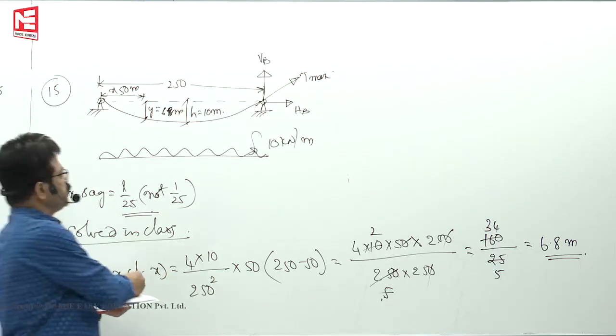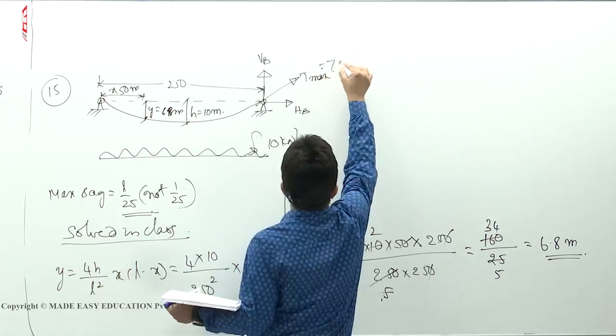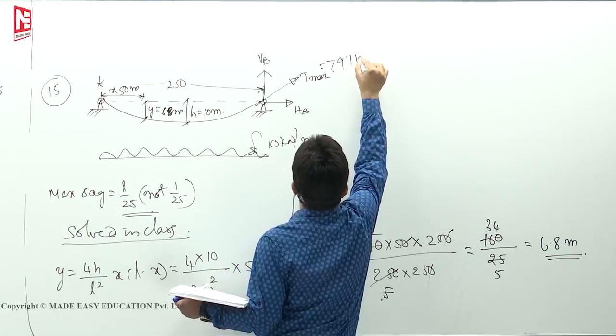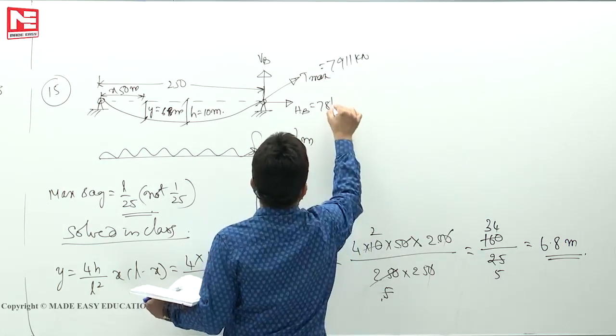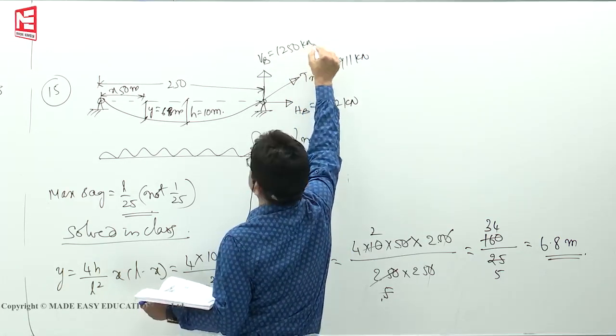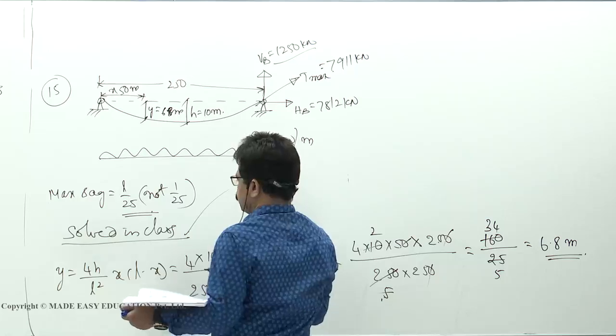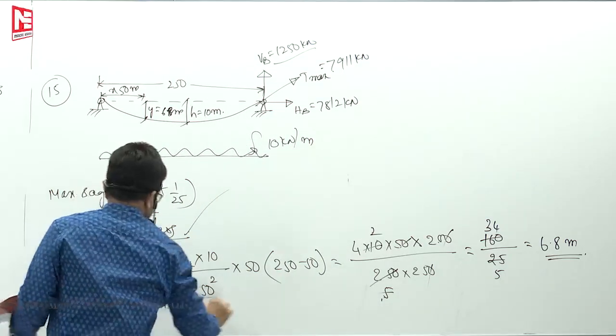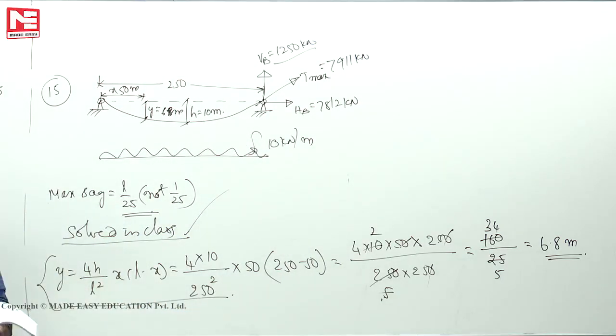Maximum tension I think we have calculated in the class, 7911 kilonewton. H max 7812 kilonewton. VB 1250 kilonewton. Okay. Then extra is this one. What is the sag at 50 meters from one end? Okay. Next.